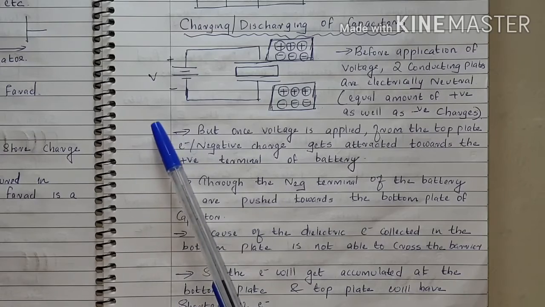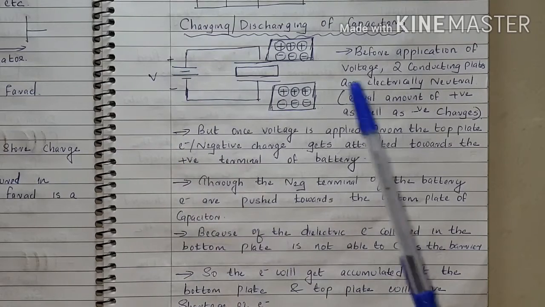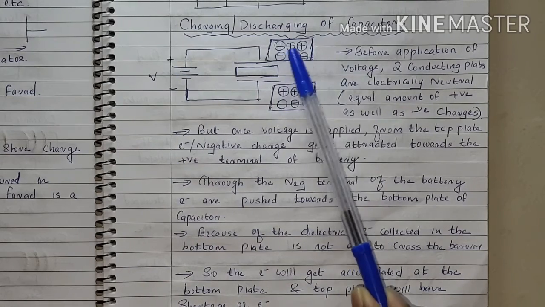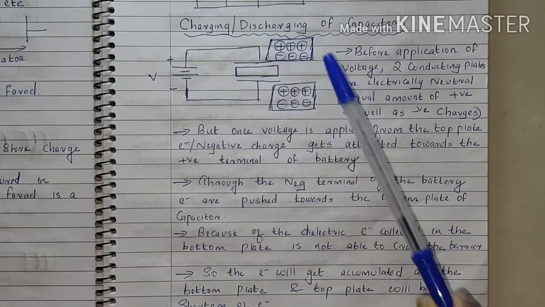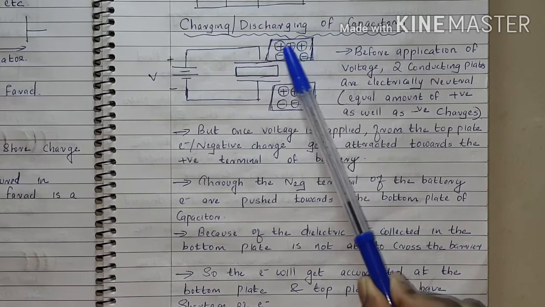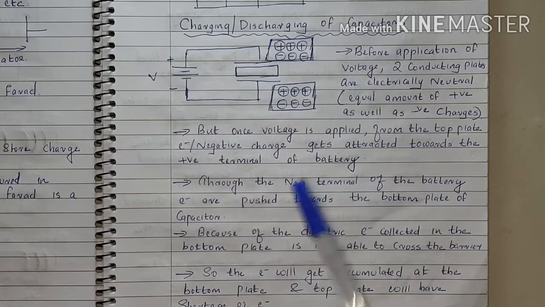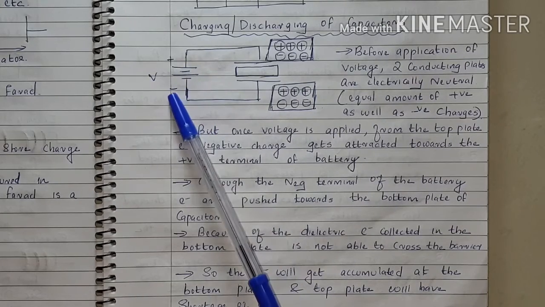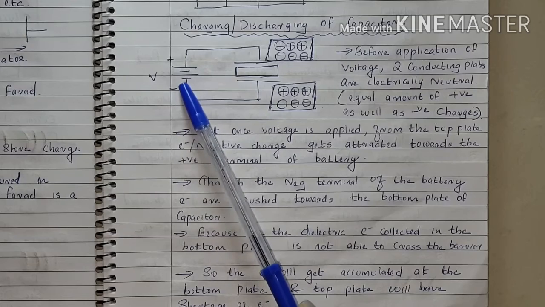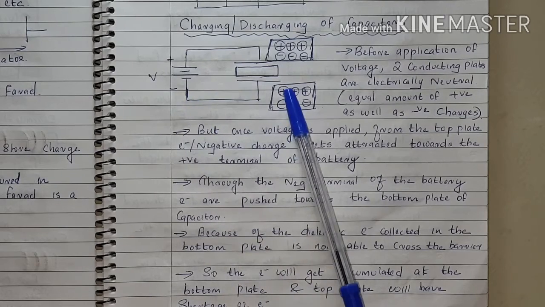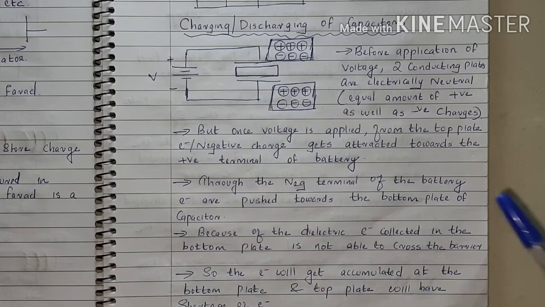But once voltage is applied, from the top plate, electrons which are negatively charged get attracted towards the positive terminal of the battery, and through the negative terminal of the battery, electrons are pushed towards the bottom plate of the capacitor.